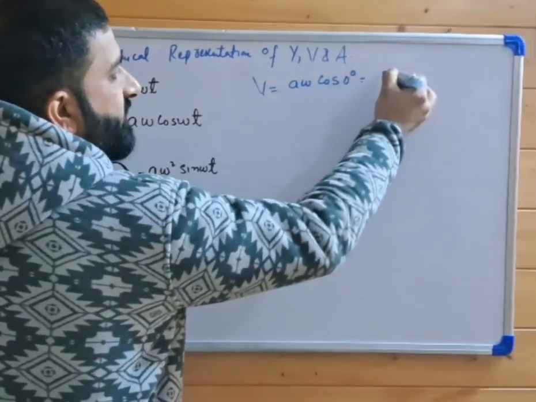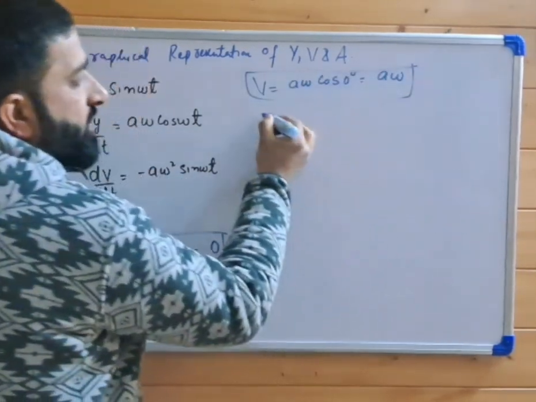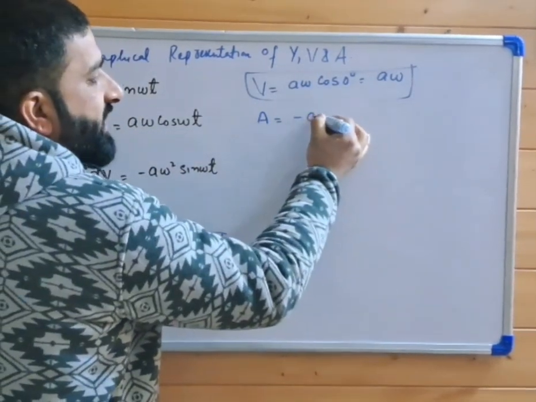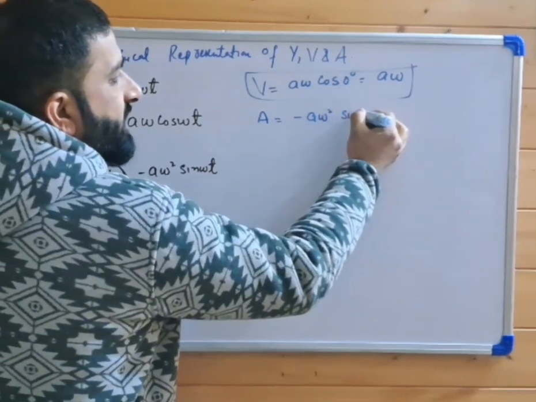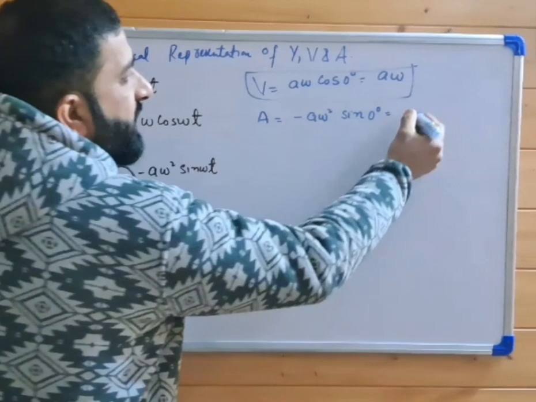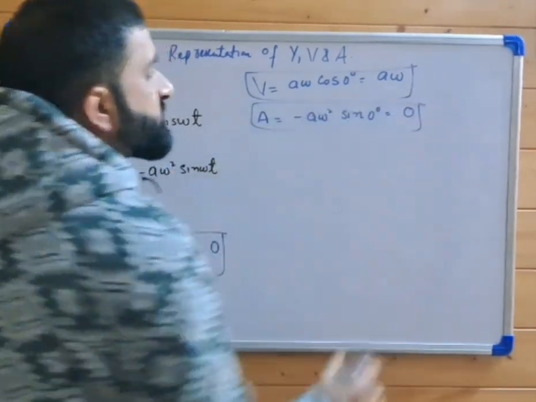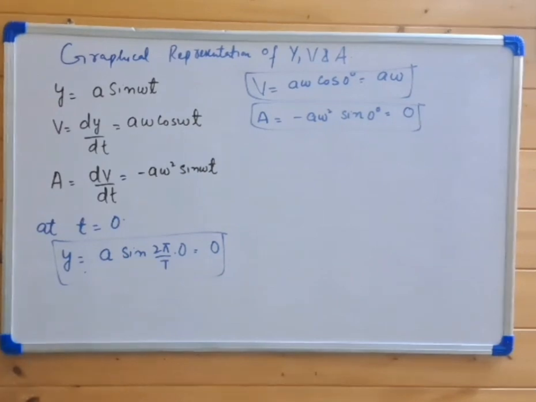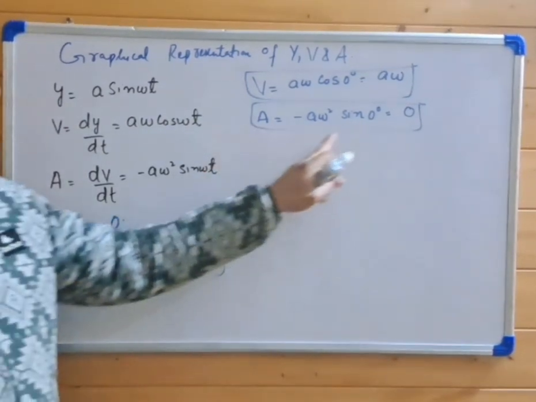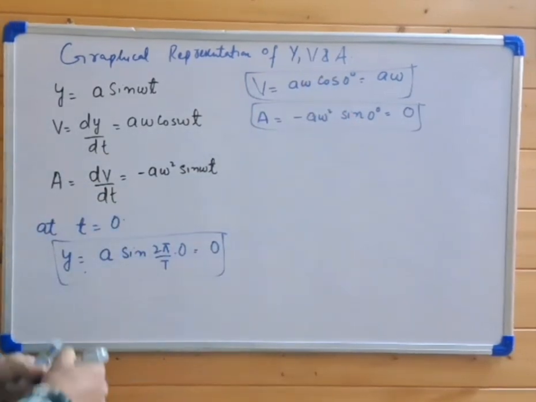Cos 0 is equal to 1, so v is equal to a omega. Now calculating the acceleration, acceleration is equal to minus a omega square sine 0. That means a is equal to 0. So at t equal to 0, displacement y is equal to 0, acceleration is equal to 0, and velocity is equal to a omega.